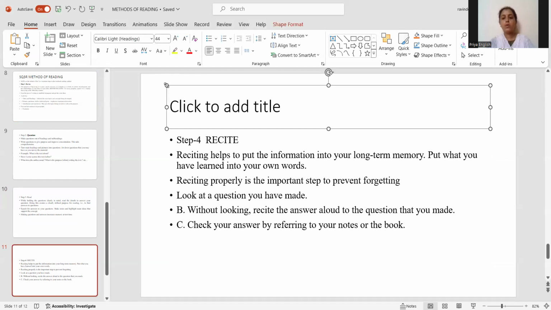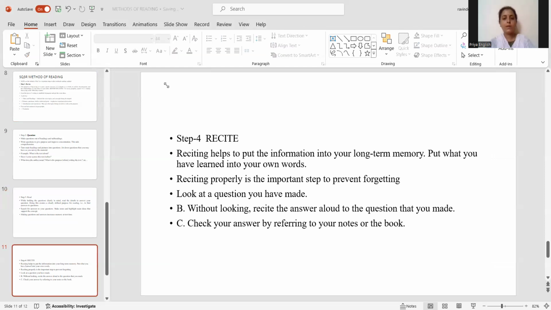Okay, so the next step is reciting. As we all know, you are just trying to memorize the topic which you have already read. You are recalling it, repeating it to yourself. Reciting helps to put the information into your long-term memory. Put what you have learned in your own words. Whatever text you have read, whatever you have understood, whatever answers you have got to your questions, just try to write it in your own words.